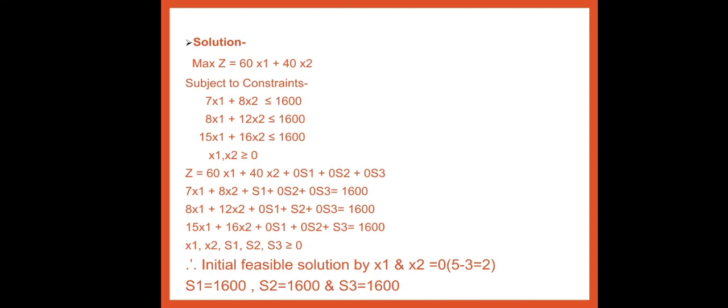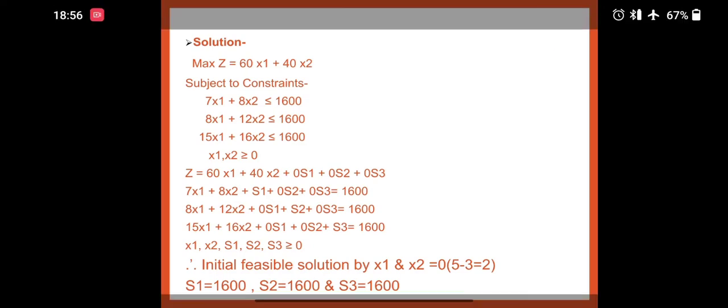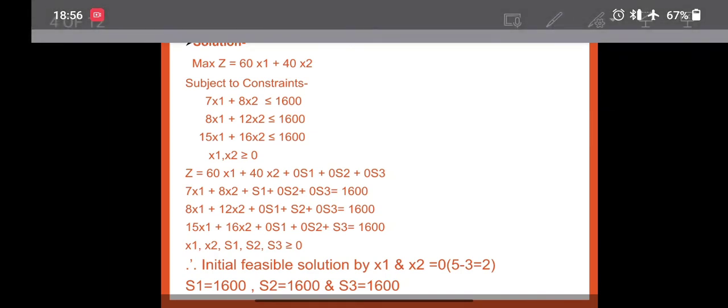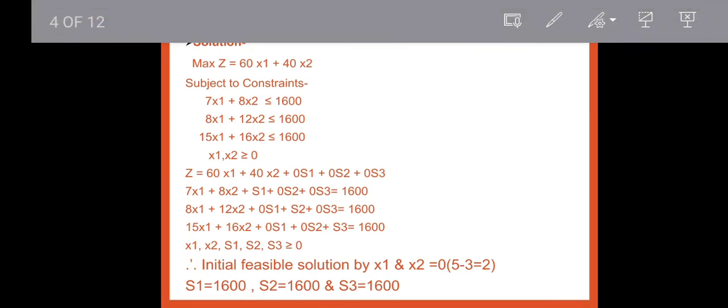There are five variables, that is x1, x2 and s1, s2, s3 greater than or equal to 0. Here the initial feasible solution has x1 and x2 equal to 0, since there are five variables and three slack variables, so two must be zero. Each constraint contains one positive slack variable.